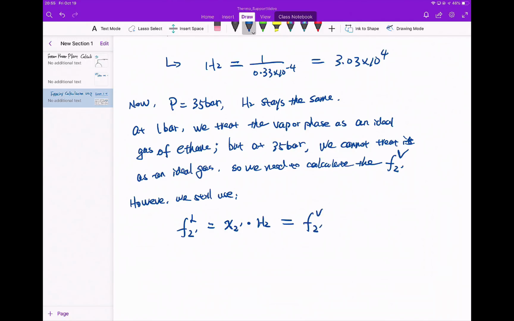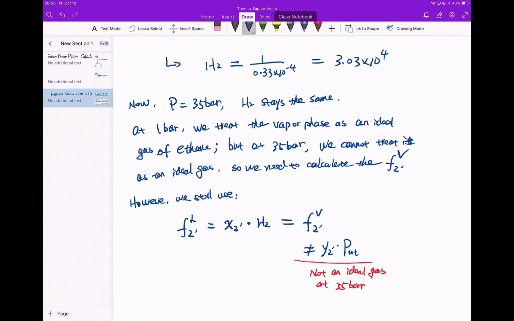But now this is not this y2 prime times P total, simply because it is not an ideal gas at 35 bar.